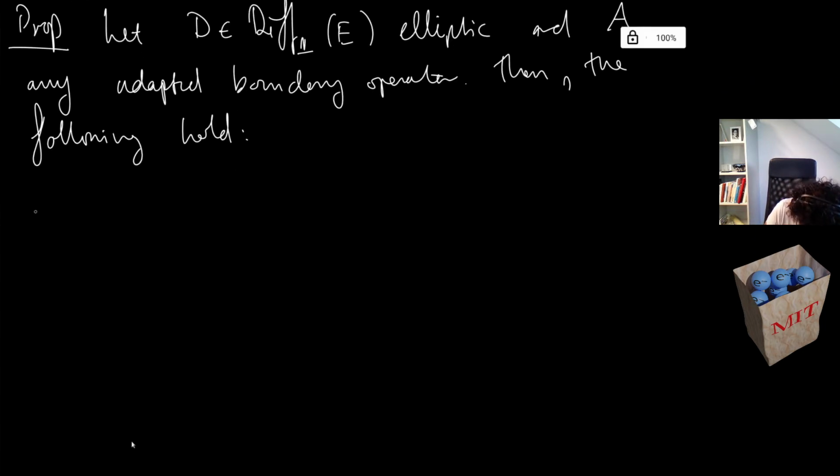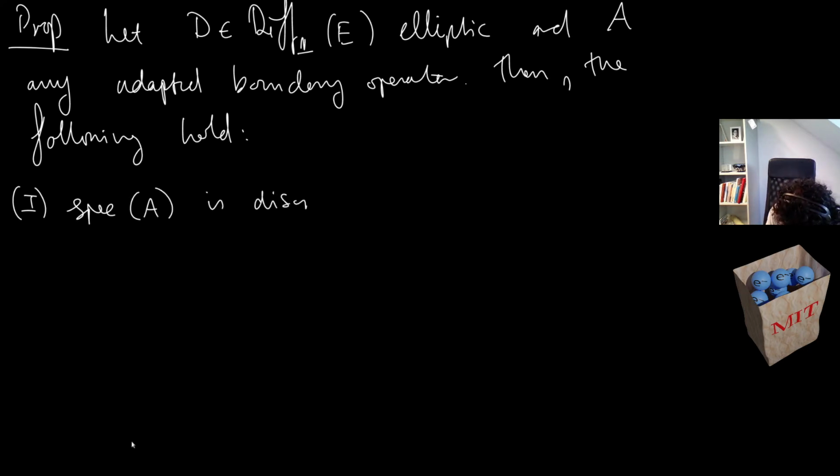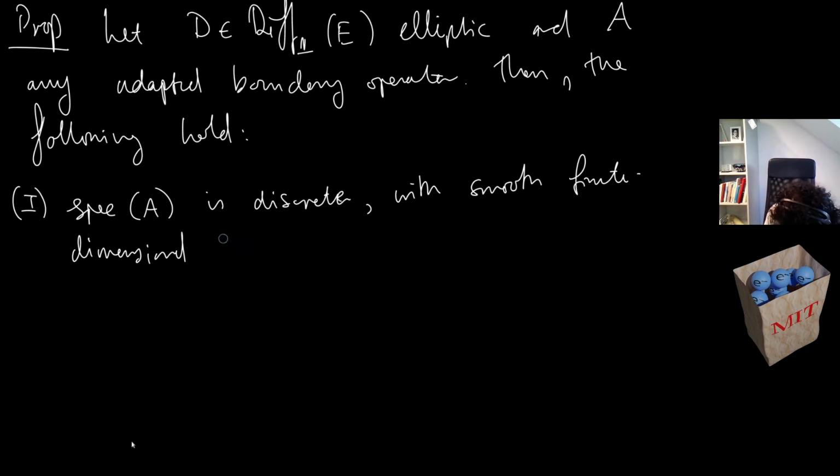So first of all, the spectrum of A is discrete, with smooth finite dimensional eigenspaces or generalized eigenspaces.